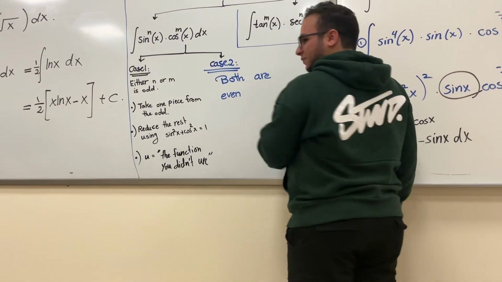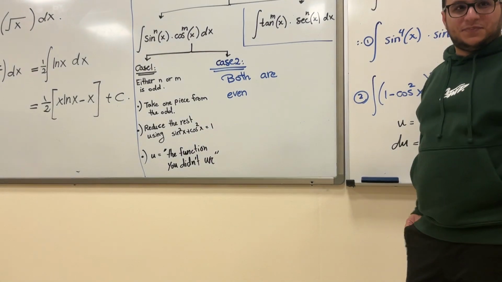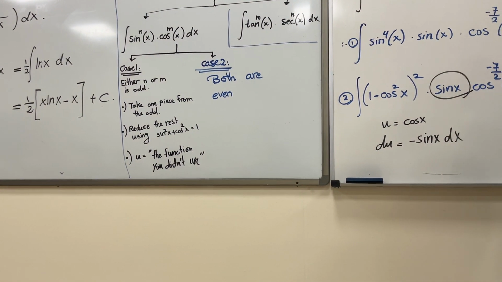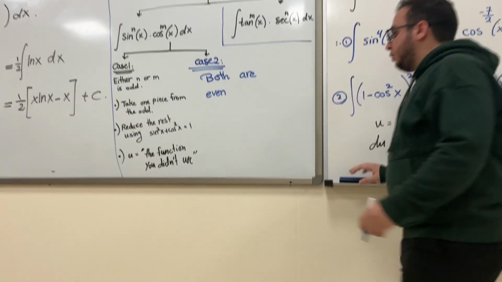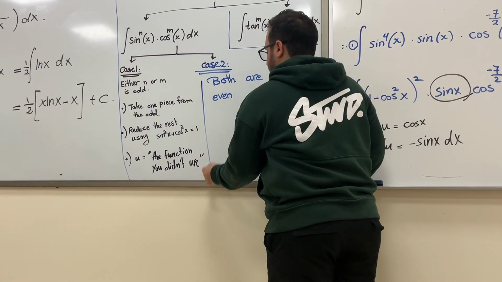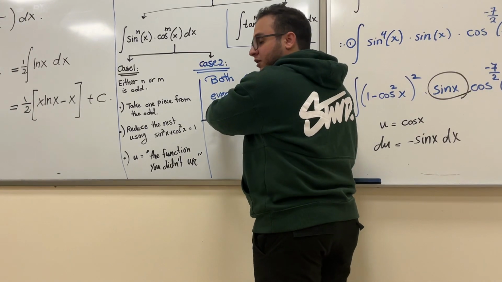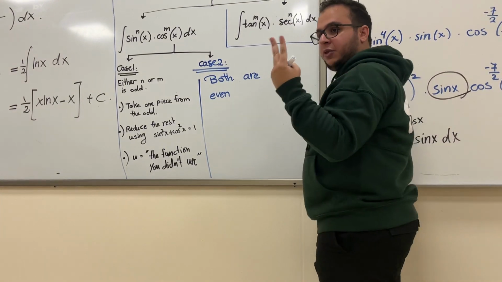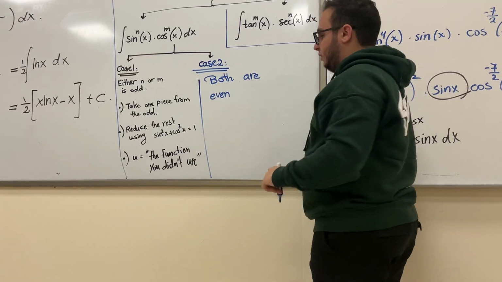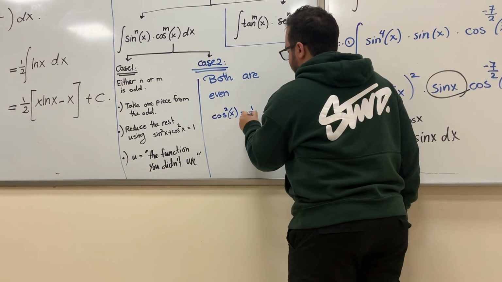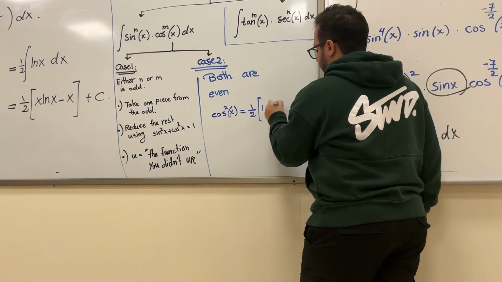Both are even. Okay? Both powers are even. So that's the other case. So what do we need to use? The method here is unrelated to the method before. Here, you need to use two things, strictly, nothing else. Cosine square equals half of 1 plus cosine 2x.